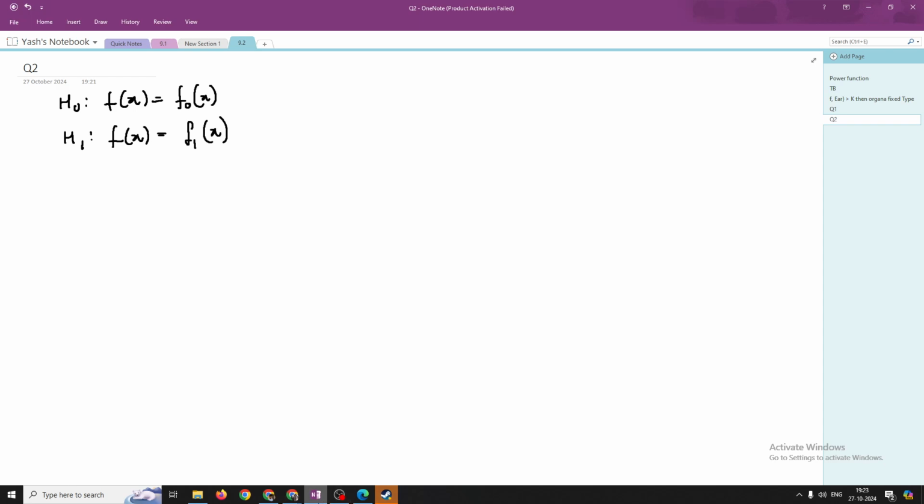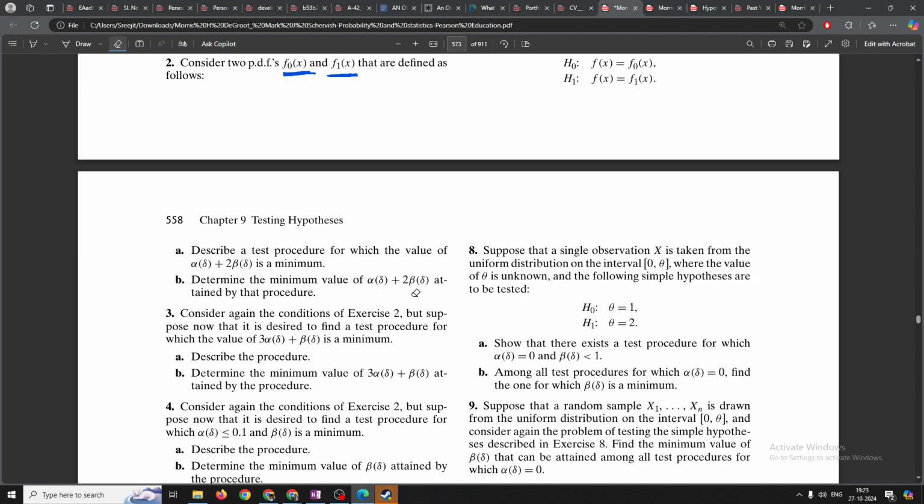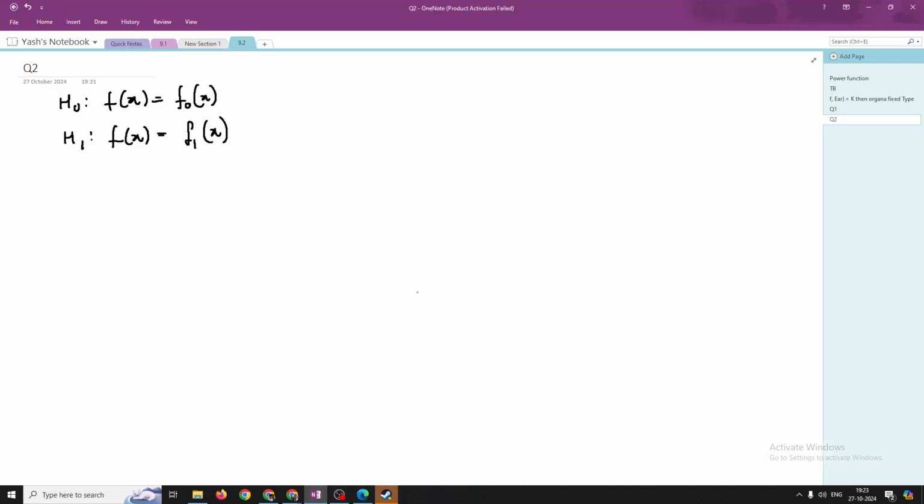And by the way, if any one of you has a specific doubt in this exercise, let me know, and then we will do that, no problem. We need to minimize alpha of delta plus 2 beta of delta. f naught of x is what?